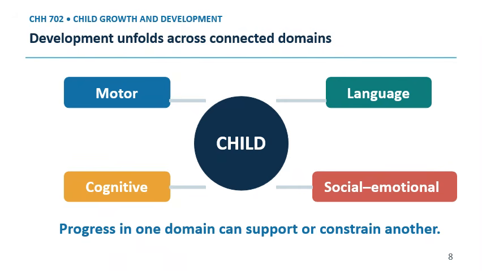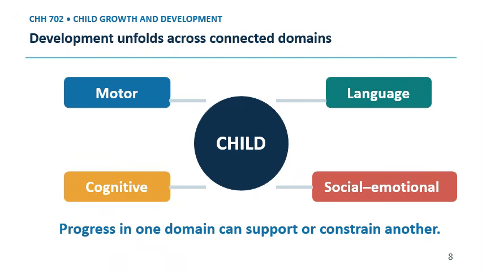Progress in one domain can support progress in another. For example, improved mobility gives the child new opportunities to explore. Exploration supports cognition. Language helps the child communicate needs and participate socially. Emotional security supports learning. Conversely, difficulty in one area may restrict opportunities in others.